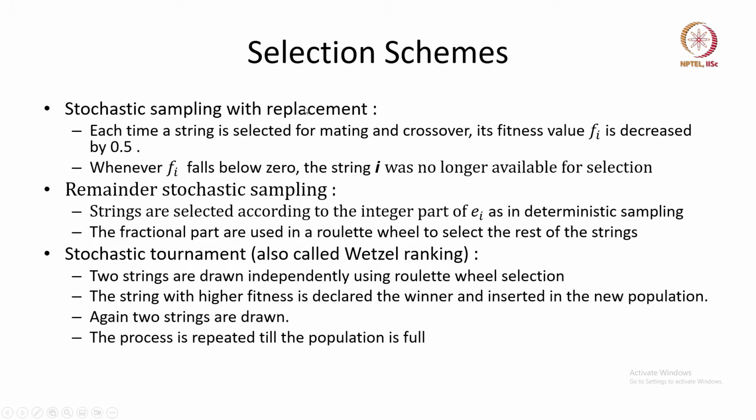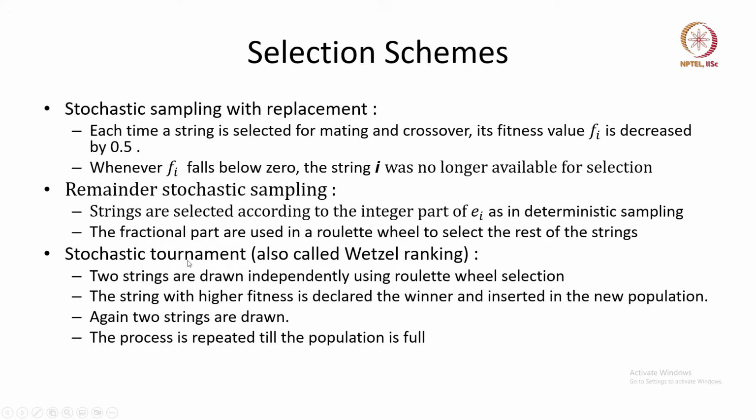In stochastic sampling with replacement, each time a string is selected for mating and crossover, its fitness value is decreased by 0.5, and whenever it falls below 0, the string will no longer be available for selection. In remainder stochastic sampling, like I said, the strings are selected according to the integer part in a deterministic manner, and the fractional parts are used in a stochastic manner with the roulette wheel.